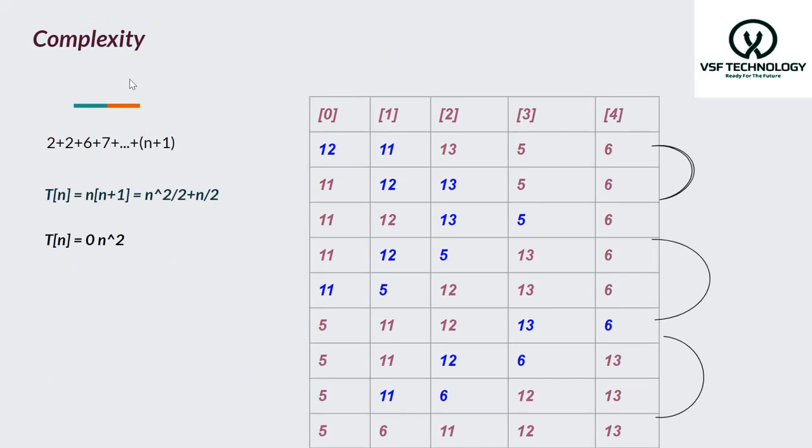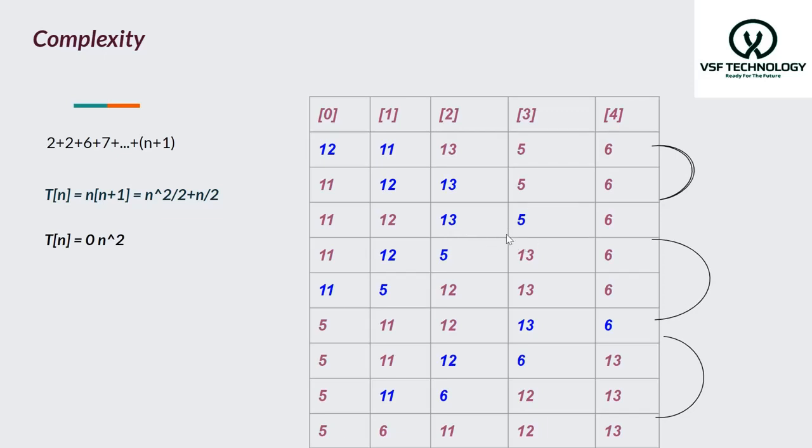Now see complexity. Now we will compare this array's elements. Element 11 against 12 takes one comparison and a movement. In the same way, element 13 against 12 or 11 takes two comparisons but no movement, because 13 is at the correct position.